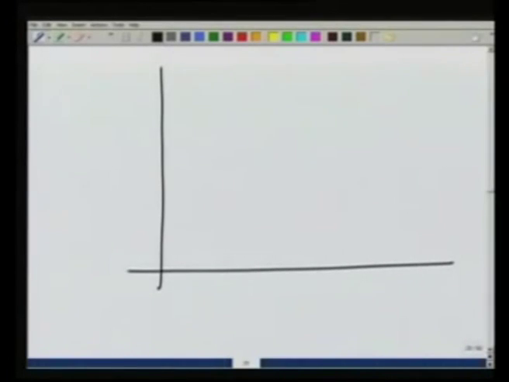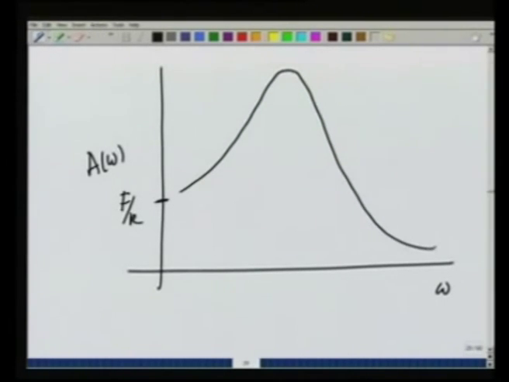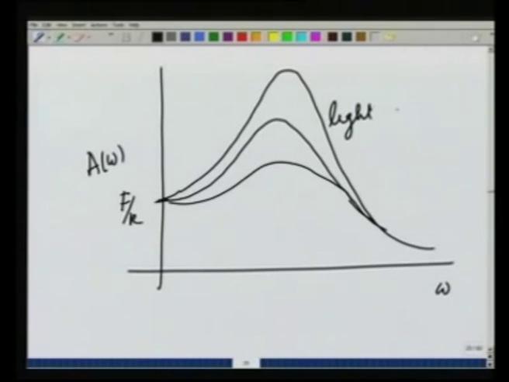So, in general, if I combine the two, light damping and heavy damping, and plot the amplitude of oscillations with respect to frequency, the curve looks like this. This is light damping, and there is no maximum for heavy damping.